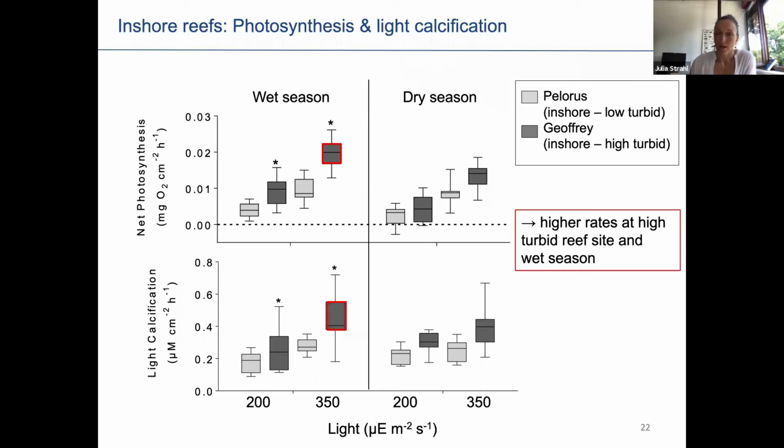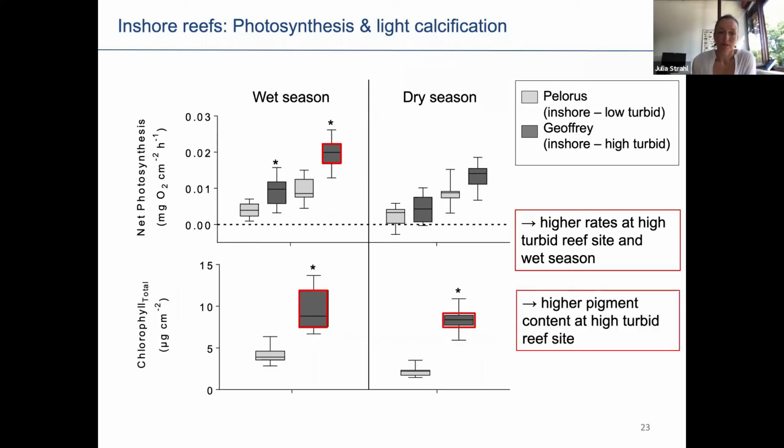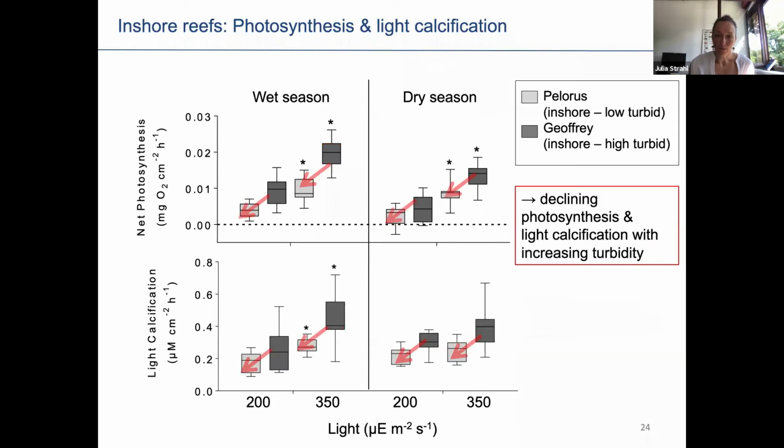But then when we looked at pigment content, it became clear that these corals are actually very well acclimatized to the more turbid conditions. And this is why they actually perform really well.